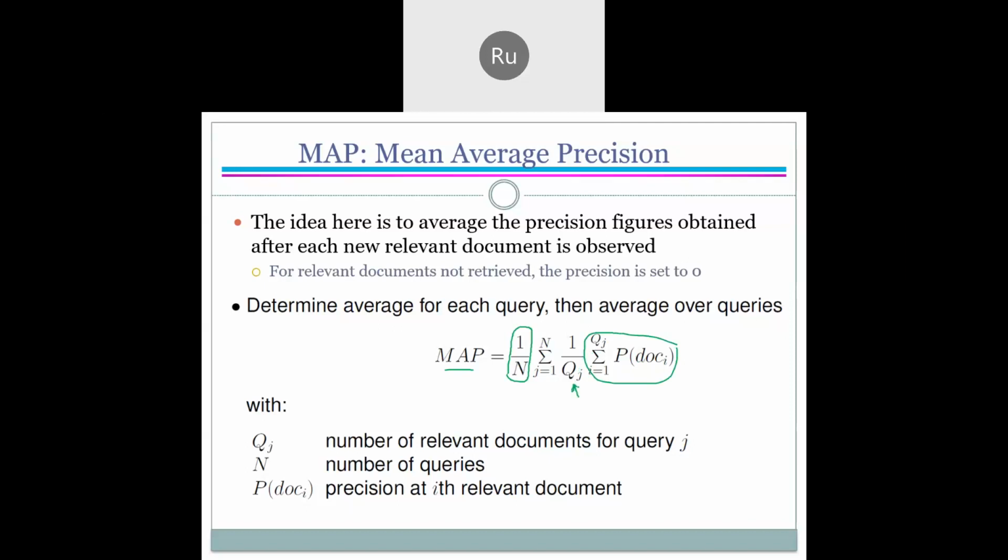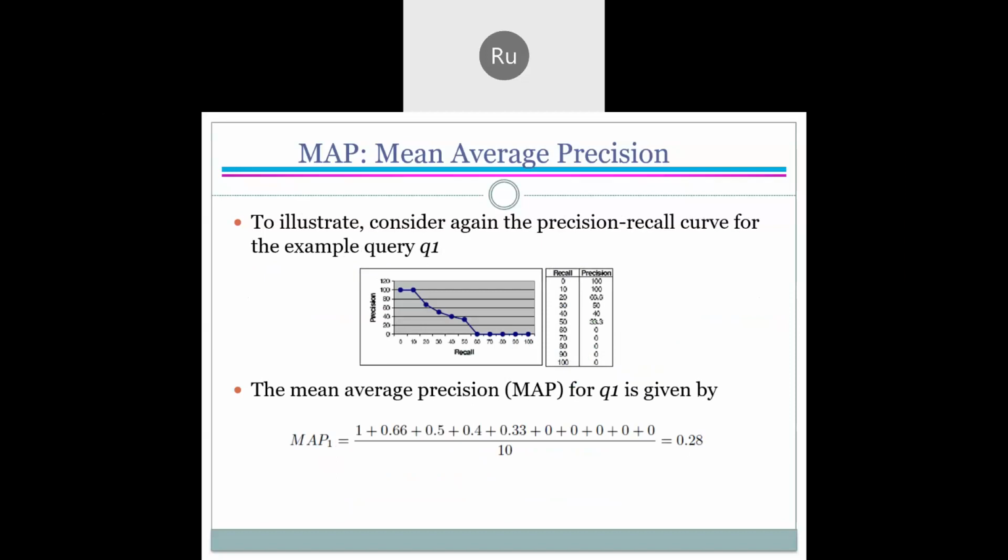So how do we apply this in the real calculation? Let's take a look at this example. This is only one query. Basically we are looking at all the positions that are not 0. We eliminate this one, so we have 1, 0.66, 0.5, 0.4, and 0.33.